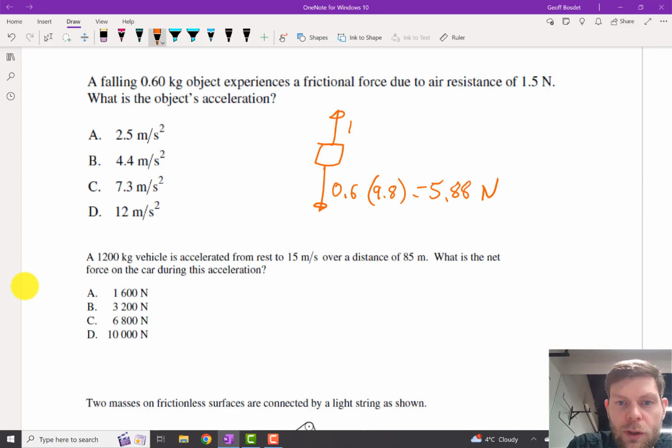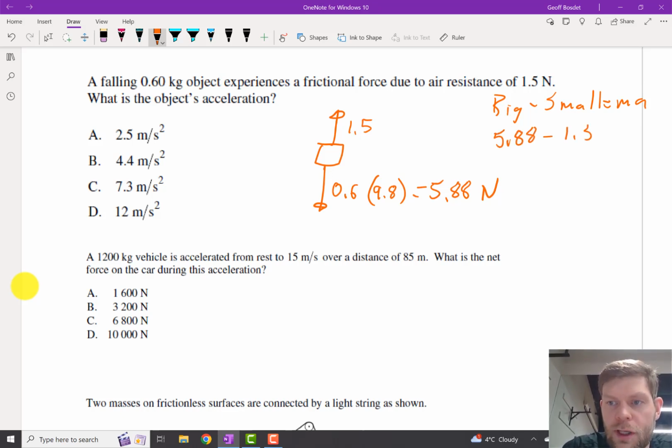In this corner, we got 1.5. So this one, if we do a big minus small, equals MA, because we got forces fighting and one was winning. We got 5.88 minus 1.5 equals 0.6 times A. 5.88 minus 1.5 is 4.38, or I might just say 4.4 equals 0.6 times A.